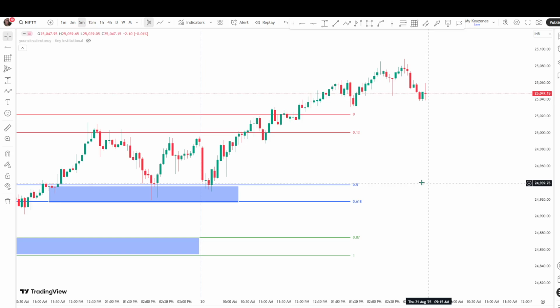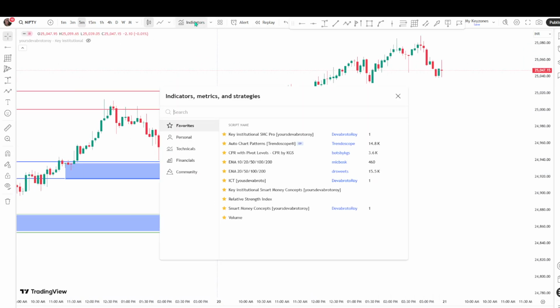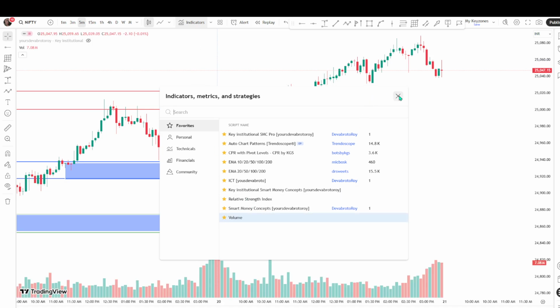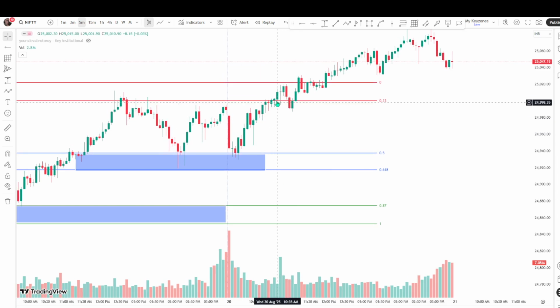Now we know that this is the supply zone here, and if I add volumes to it, we need a good breakout candle for confirmation. It went up and we saw some rejection around this point, but the volumes were not convincing at this level.